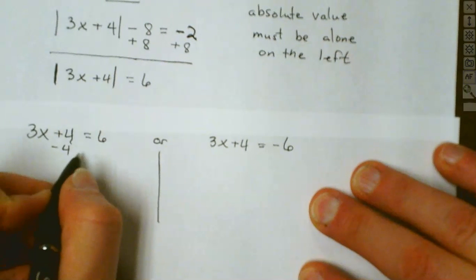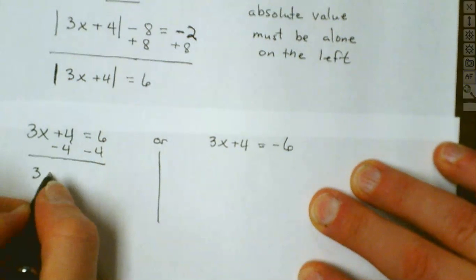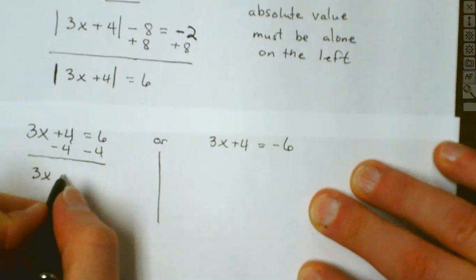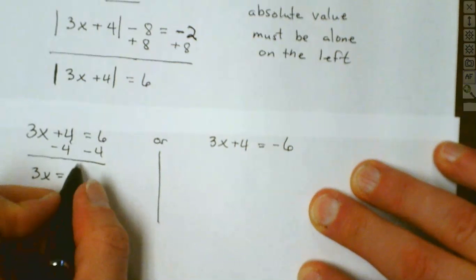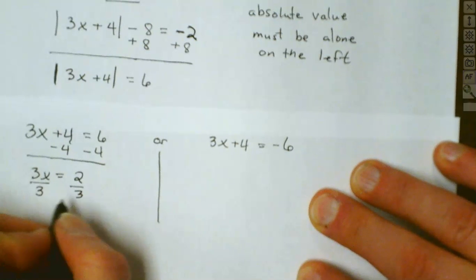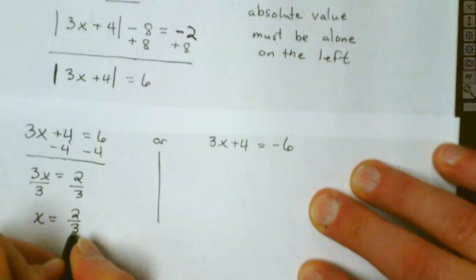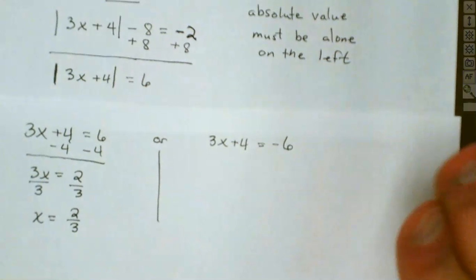So move that 4 over. That leaves you then with 3x equaling now positive 2. We divide by our 3, and that leaves you with x equaling 2 thirds. So there is one solution.